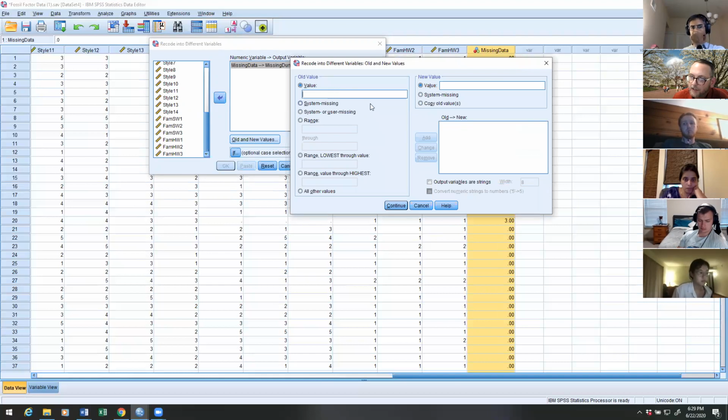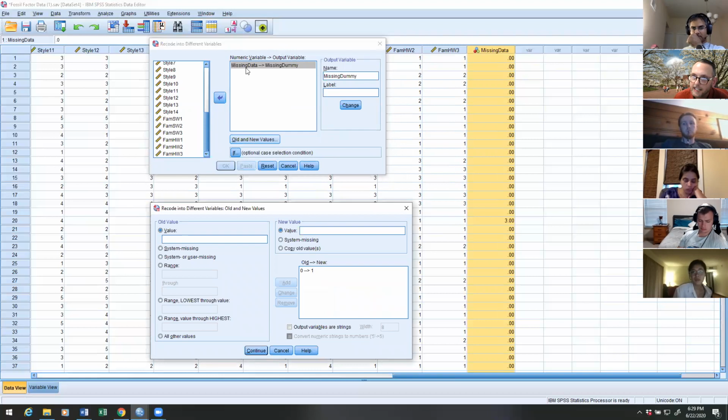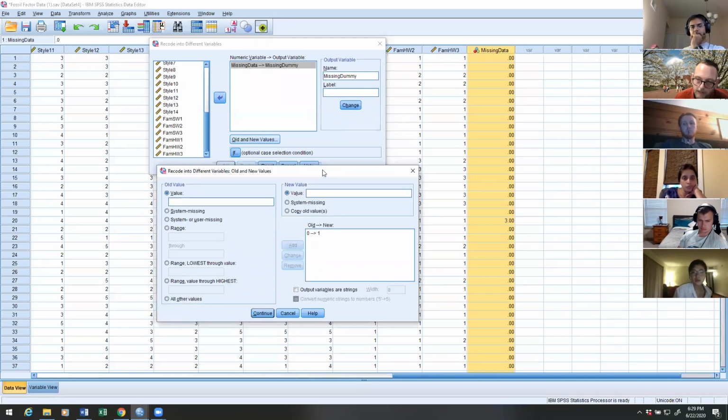And if the value is equal to 0, I'm going to make that a 1. Okay, so in other words, anything in this missing data column, if it's a 0, it's now going to be a 1. So that's somebody who didn't miss anything, right?